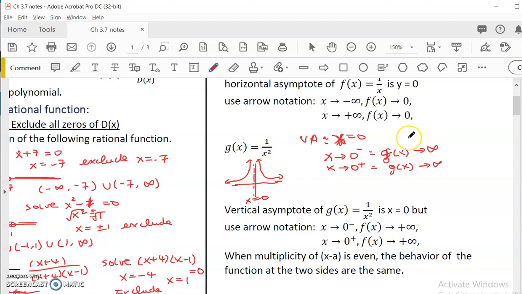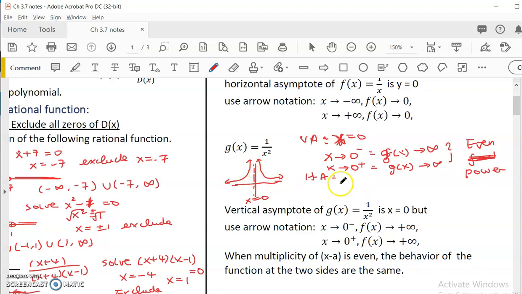Why is that? Because this factor has an even power, kind of like a multiplicity of even. Then they will go to the same positive or negative infinity at the same time. Do I have a horizontal asymptote at the end behavior?